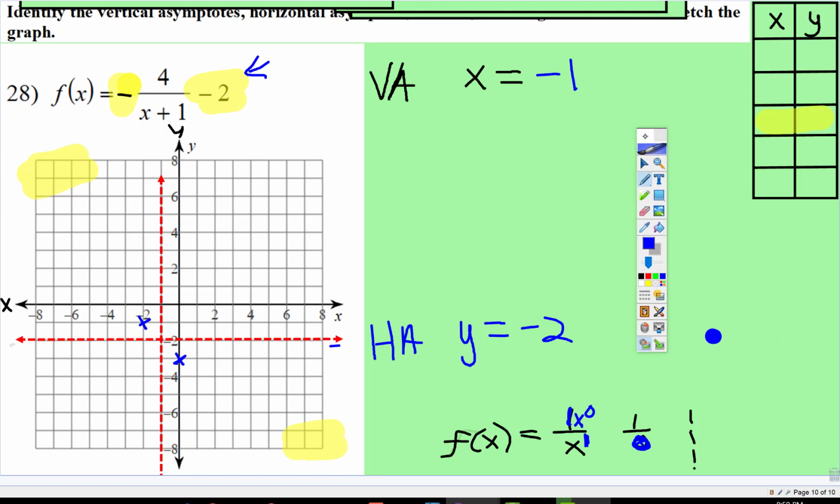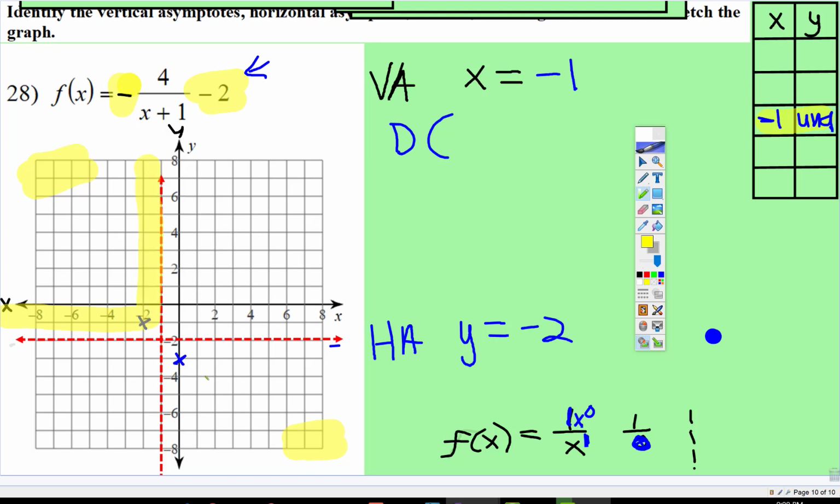So where the vertical asymptote is, that will be undefined. And by the way, if we have to identify domain and range, for domain, you're going to use this point. We're going to be coming from negative infinity. We're going to get really, really close to 0, and then we're going to turn.